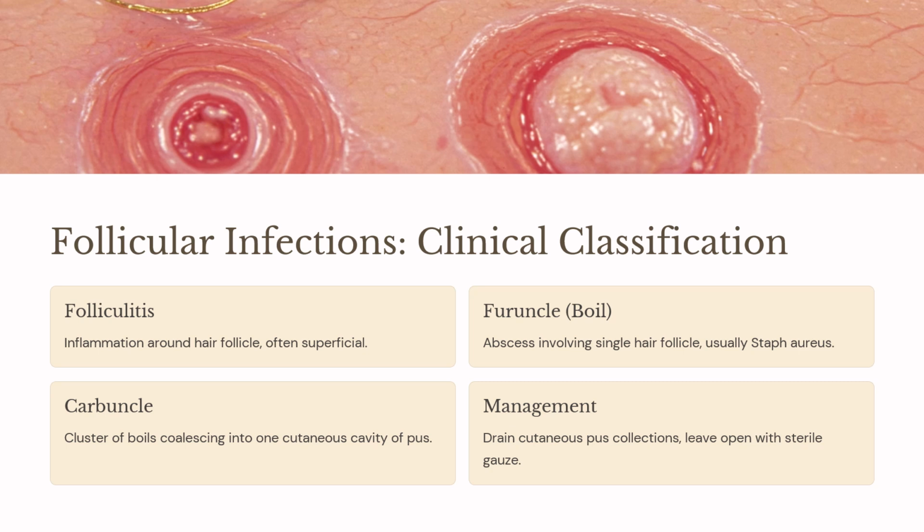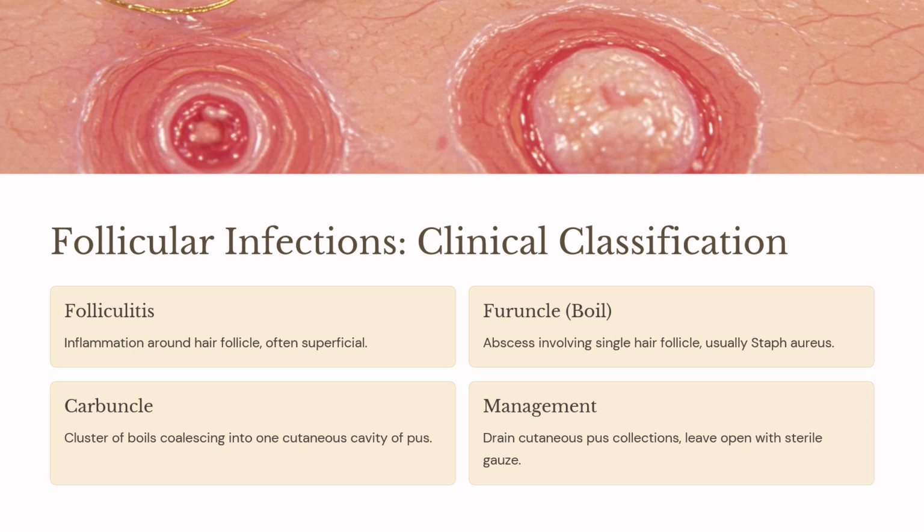But on the other hand, the abscess involving a single hair follicle, this is not just an infection. Now here we are having an abscess. So an abscess involving a single hair follicle is known as furuncle. But when the adjacent abscesses all coalesce together, it forms a carbuncle. So a cluster of abscesses or boils coalescing into a single cutaneous cavity of pus is known as carbuncle.